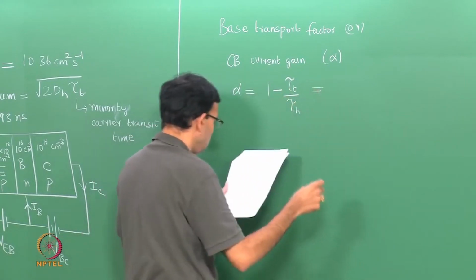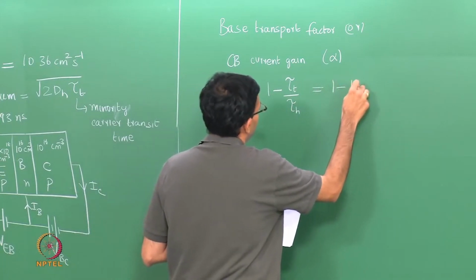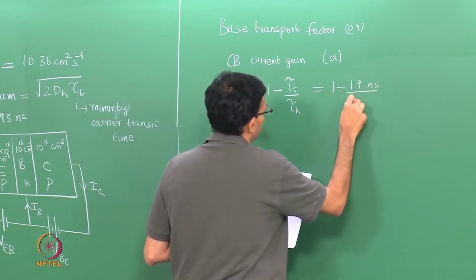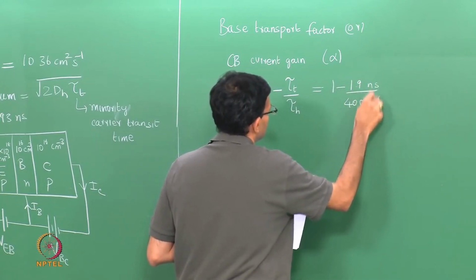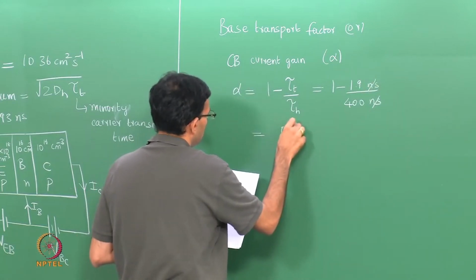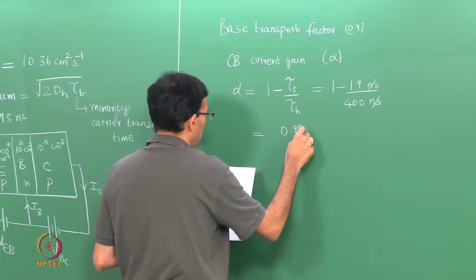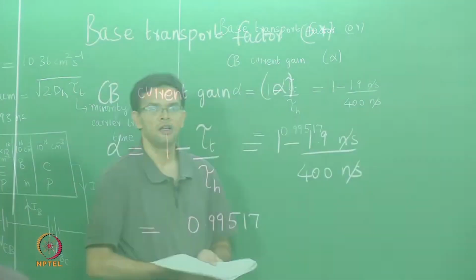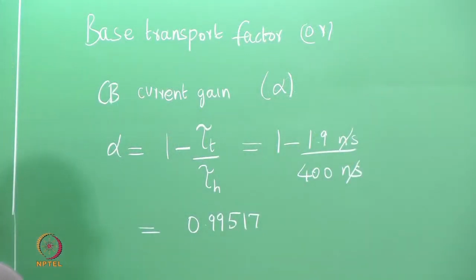So, all the values are given. Tau t is 1.9 nanoseconds, tau h is 400 nanoseconds. So, that alpha comes out to be 0.99517.